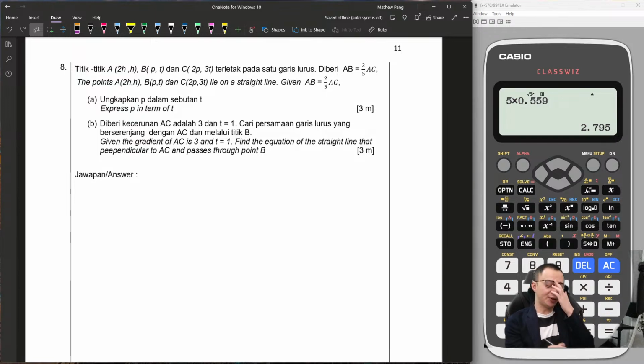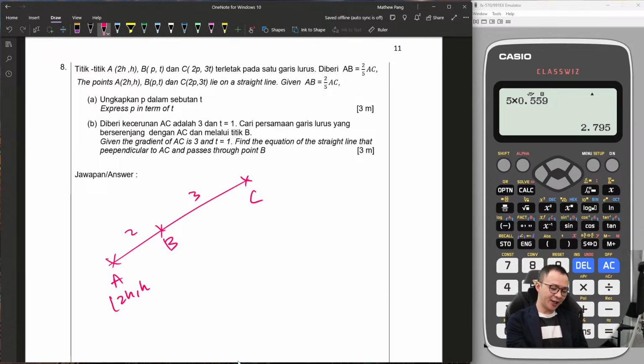Coordinate ratio. So we need to use the segment formula, right? I have some A, I have some B, I have some C. AB is 2, AC is 5, this is 3. I have coordinates 2H, H, P, T, 2P, 3T.